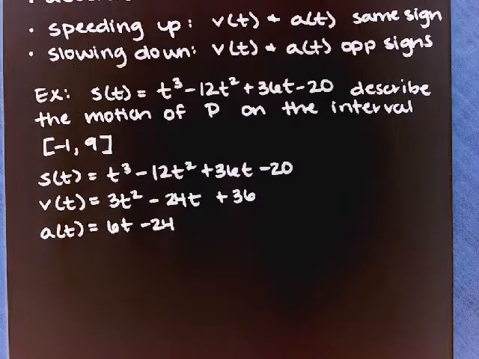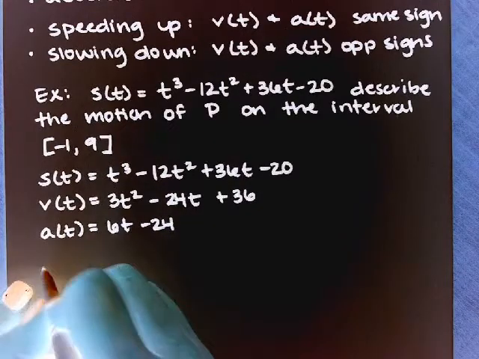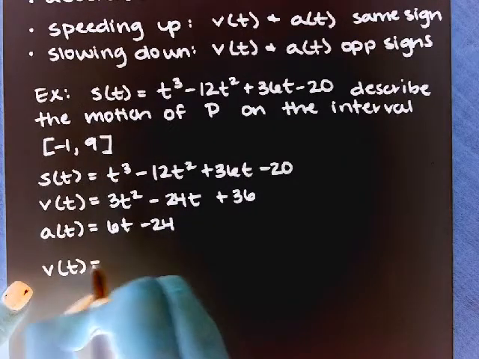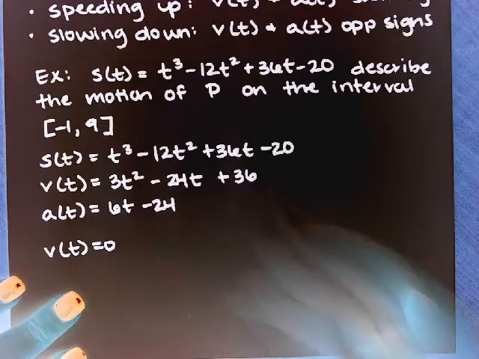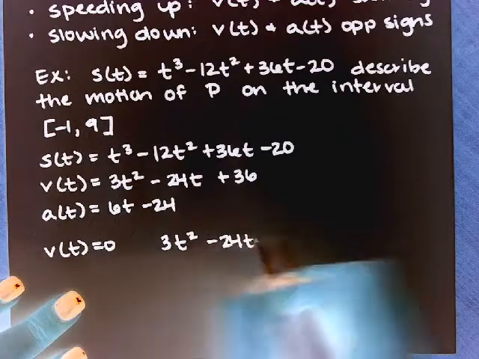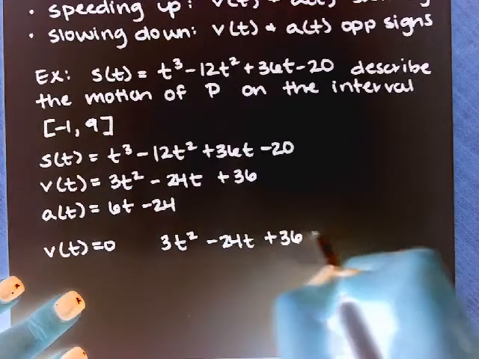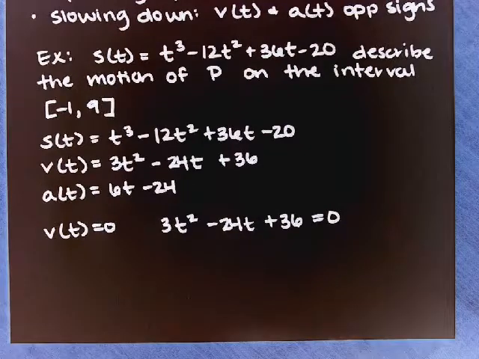Yeah. Velocity. And what would you want it to equal? 0. Okay, so we're going to say V of t equals 0 when the particle is not moving. So I'm going to take that 3t squared minus 24t plus 36, and set it equal to 0 to see when the particle is not moving.